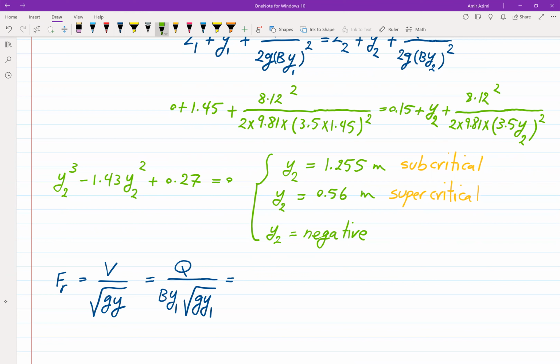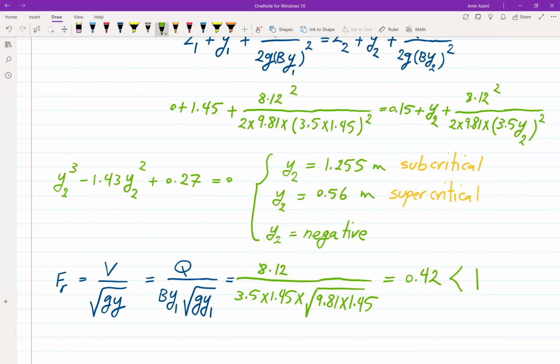So 8.12 divided by 3.5 times 1.45 times the square root of 9.81 times 1.45. So that gives you 0.42, which is less than 1.